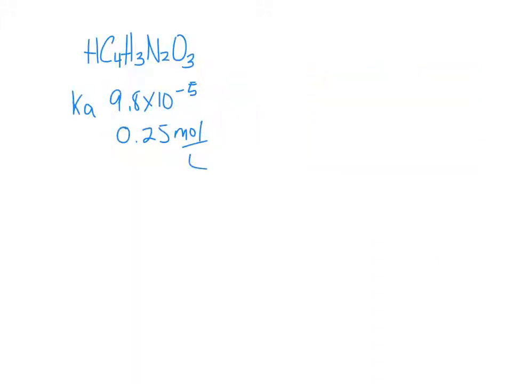Mole per liter solution. I want to know what the pH of this final solution is. Okay, so I want you to just look at the board for a minute. Look at this substance. Is this one of your 6 strong acids?